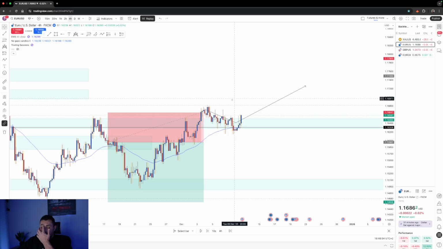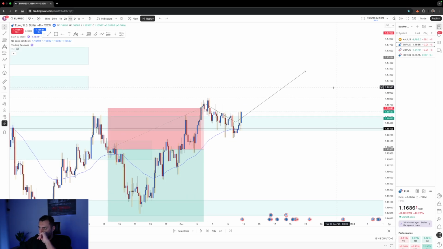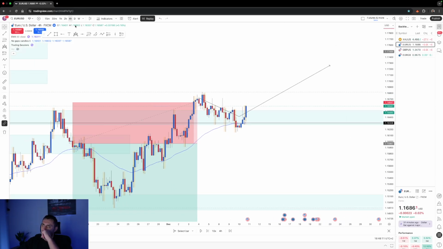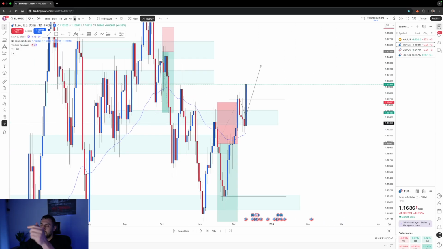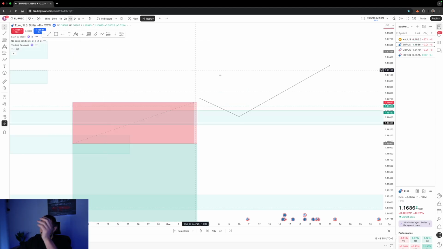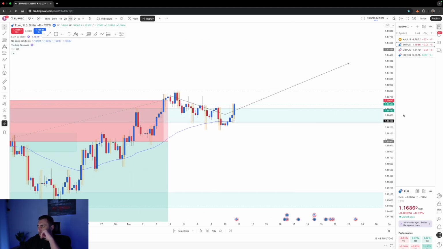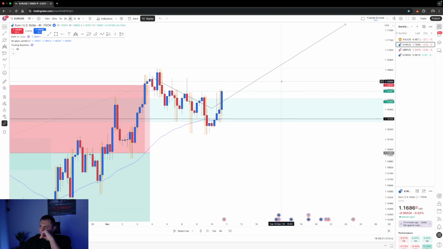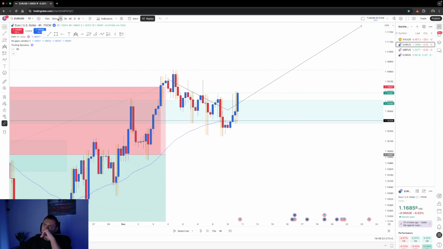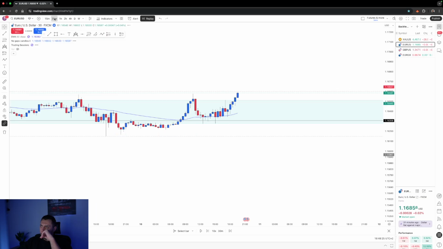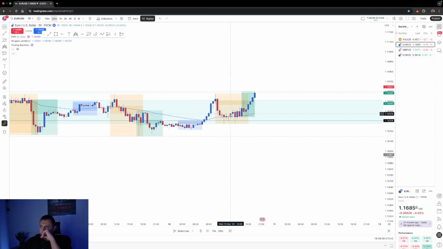So right now on the 4 hour we have a shift of structure in this zone that I was interested in. But the daily doesn't show correctly. For example, here I would have waited for the 1 hour 30 minutes to give me a high low somewhere around here and to enter.